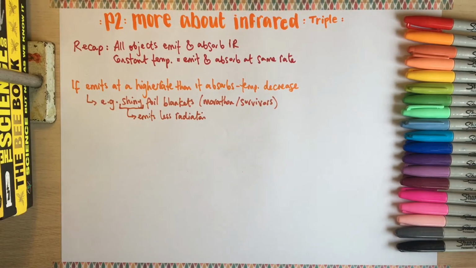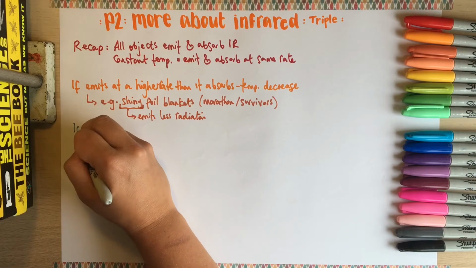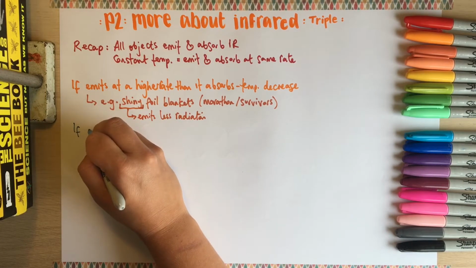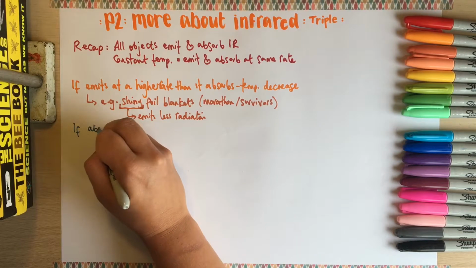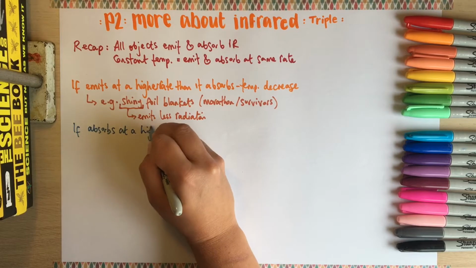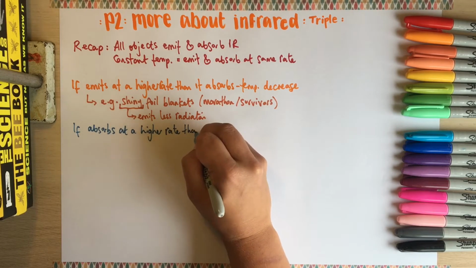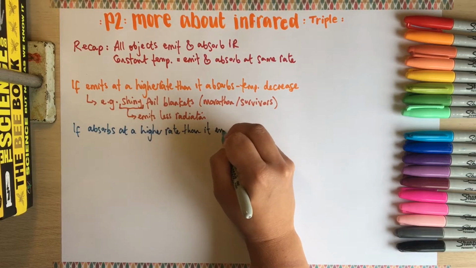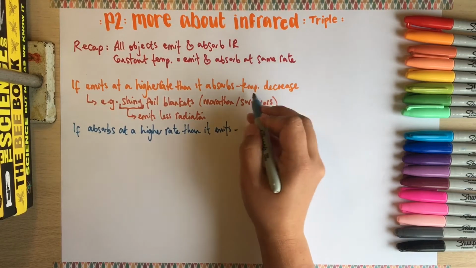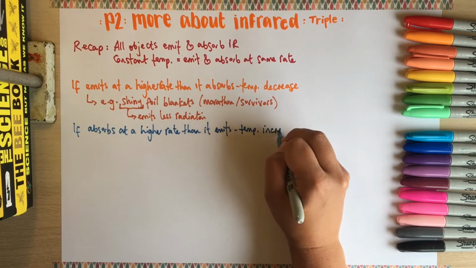Now we can move on to thinking about the opposite of this. If it absorbs at a higher rate than it emits, then the opposite is going to happen, and the temperature will increase.